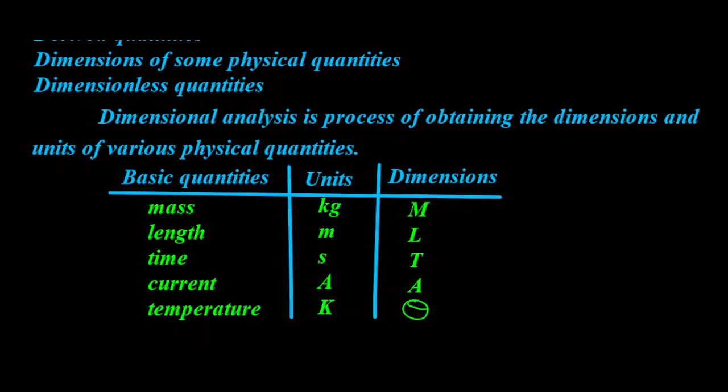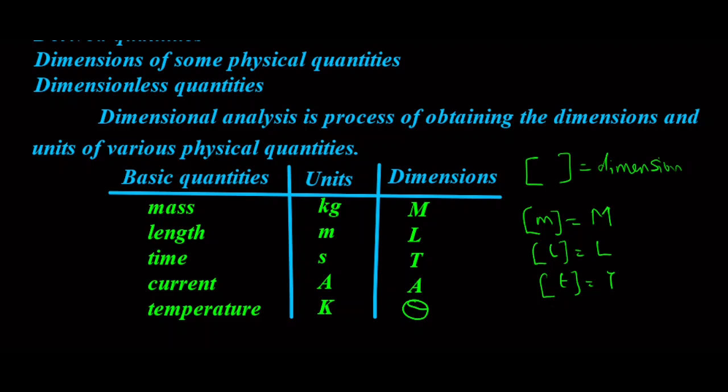We also discussed that in physics, we use square brackets to denote dimension. So for example, if I write dimension of mass, that is capital letter M, dimension of length is capital letter L, dimension of time is capital letter T, dimension of current is capital letter A, and so on.